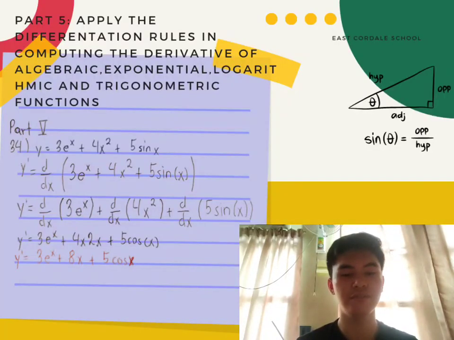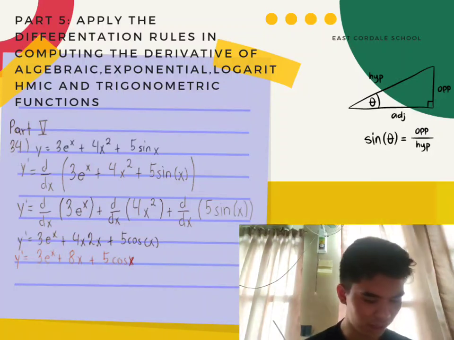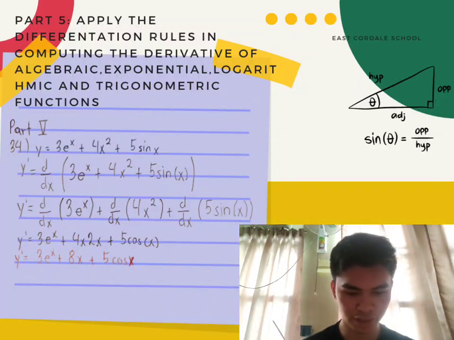My part 5 is 34. My problem is y equals 3x plus 4x squared plus 5 sine x. I take the derivatives of both sides. Y prime of x equals derivative, open parenthesis, 3x plus 4x squared plus 5 sine x.